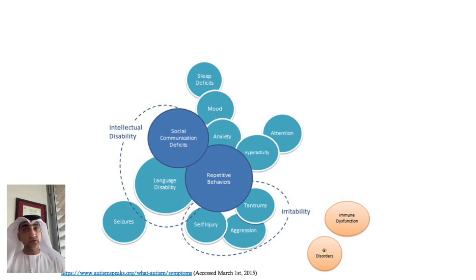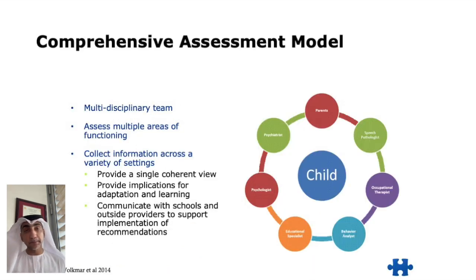So autism is usually evaluated through a multidisciplinary team, utilizing both structured and unstructured components, as well as evidence-based ways to assess whether the child meets the diagnostic criteria for autism spectrum disorder.